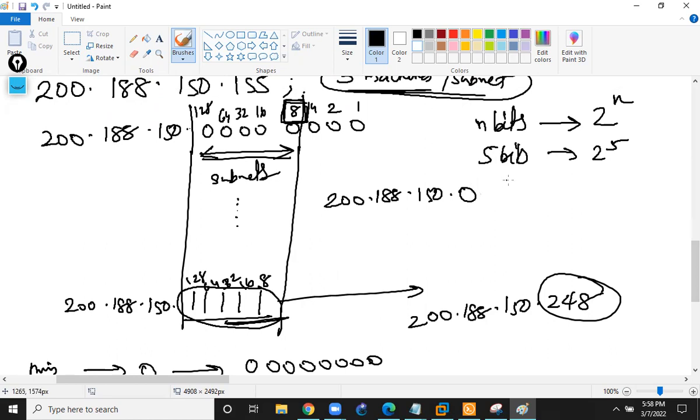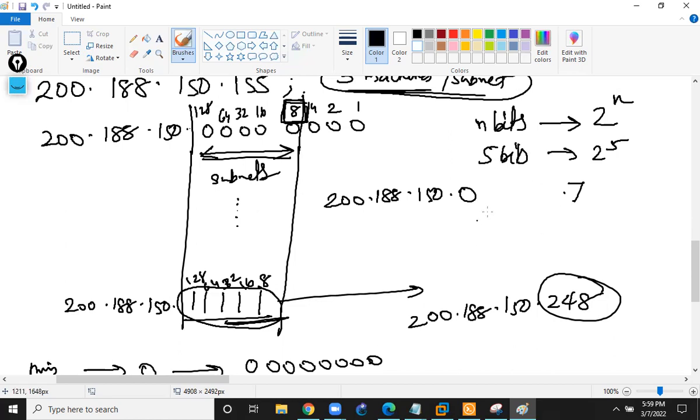And what is the broadcast address for the first one? 188.150.7. The broadcast address. Okay, I suppose everyone has got it, right?